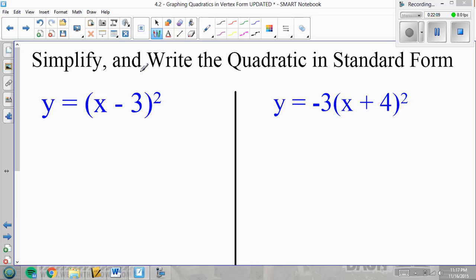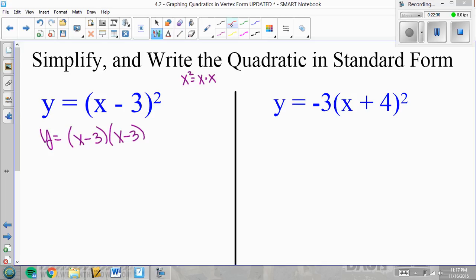One of the common misconceptions is that you can just take x squared and negative 3 squared, but we cannot do that. Think about what it means if something is squared. That means it's times itself. So really, we have y equals x minus 3 times itself, so x minus 3.